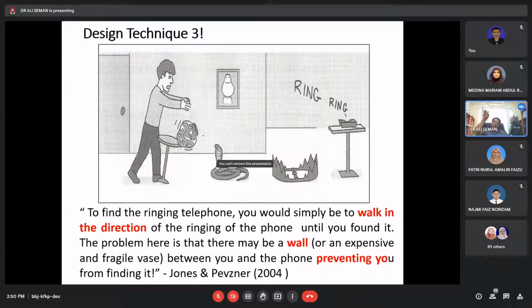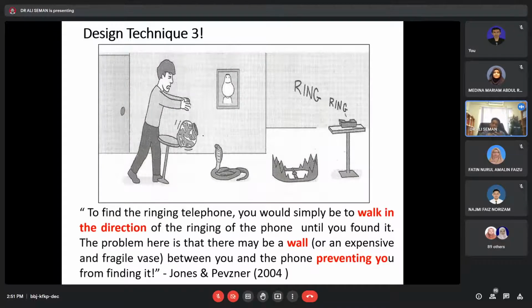When we think that the direction is there, we just go for it without thinking of any obstacle during the process of finding. That's why sometimes you have to face certain obstacles like a wall or a vase, for example, preventing you from finding. This is actually the limitation of this design technique.